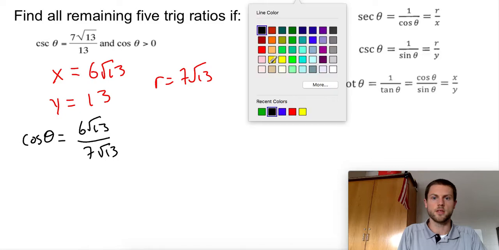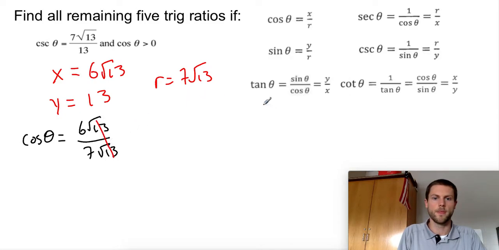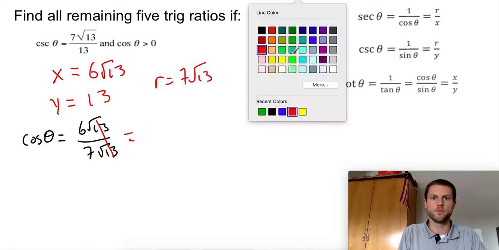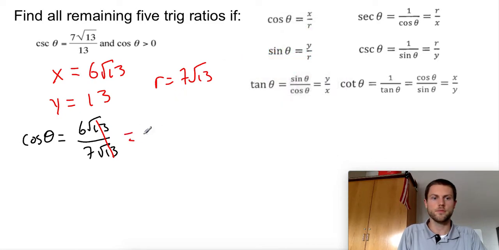What's nice about this is the root 13's cancel. See you later. And so this is going to equal just 6/7.